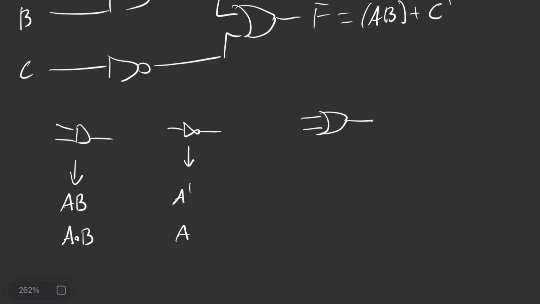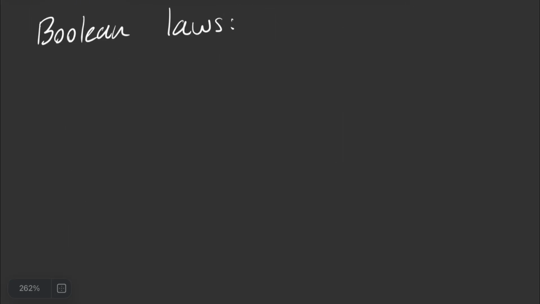A NOT or A hat represents our NOT gate, and A or B represents our OR gate. We'll cover this in more detail soon, but just remember that in Boolean algebra, the order of precedence is always brackets, then NOT, then AND, and then OR.